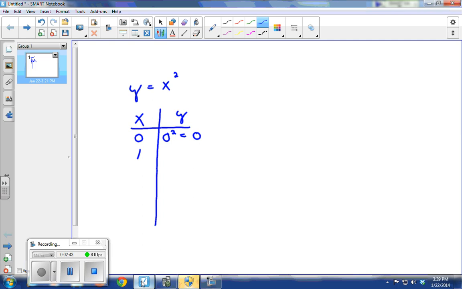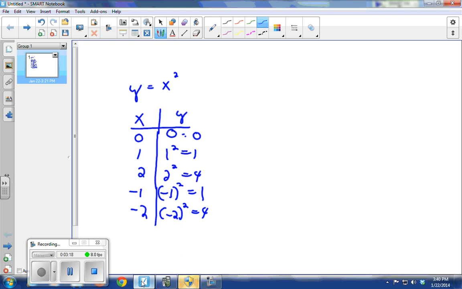If x is 1, y is 1 squared, which is 1. If x is 2, y is 2 squared, which is 4. If x is -1, y is -1 squared, which is +1. Remember, when we square a negative number, we get a positive number. And if x is -2, y is -2 squared, which is +4.